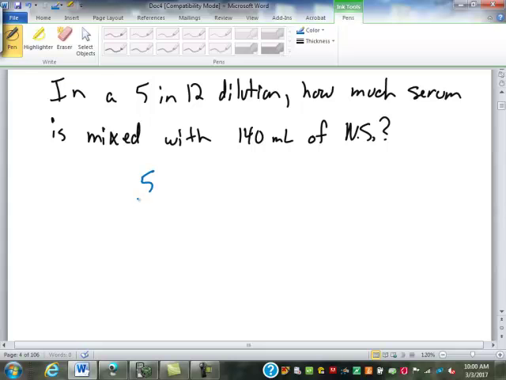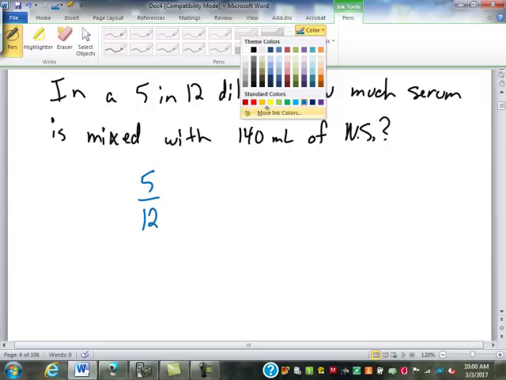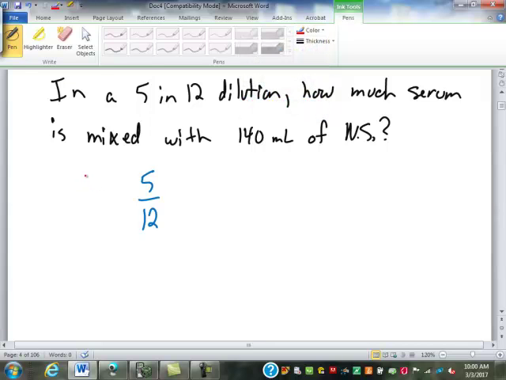Well, again, we have a 5 in 12 dilution. The 5 describes parts of serum. 12 describes total parts of total solution.